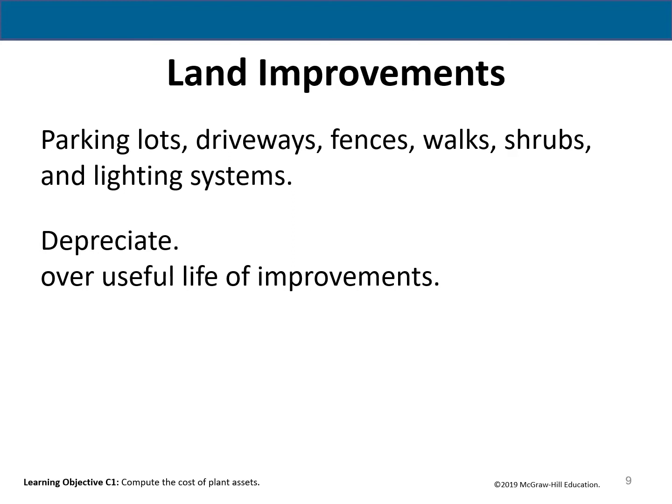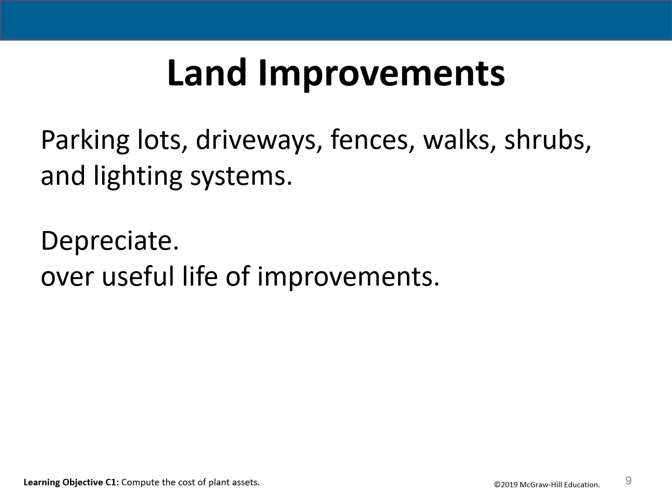Land improvement is an asset, a tangible asset that is on or in the land that will deteriorate over time. Parking lots, driveways, fences, walkways, shrubs, lighting systems, sprinkler systems. Okay, so a sign in the front of the building.